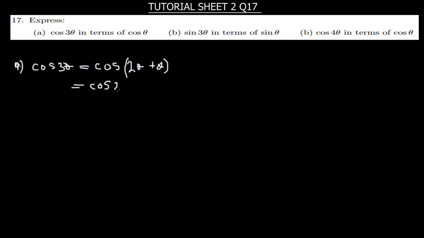Cos 2 theta, and then you have your cos theta. Since there is a plus here, of course the sign will change, so we're going to have a minus there.